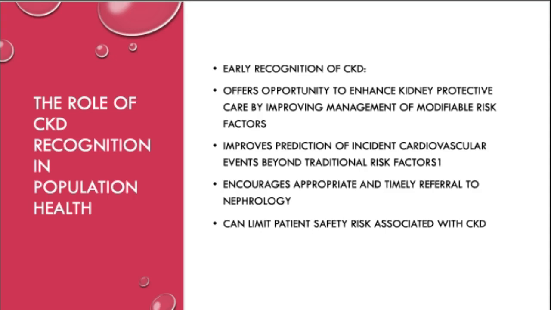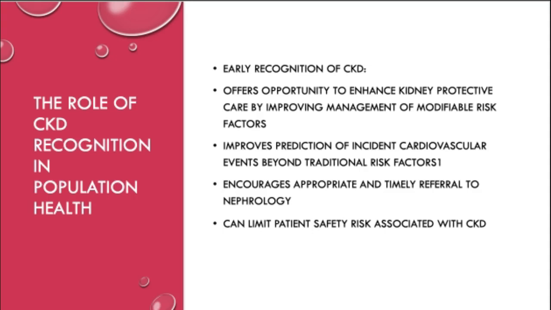We also want to improve prediction of incident cardiovascular events beyond just the traditional risk factors. A person that is at risk for a heart attack, we can associate risk factors with that, but we also need to recognize that people with CKD are even more prone to having an MI event or a stroke event or something of that nature.